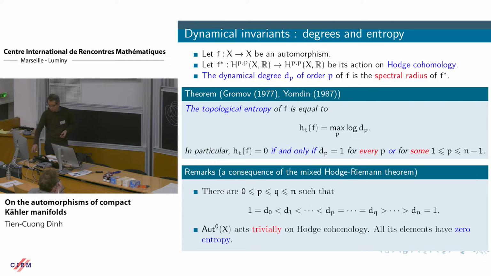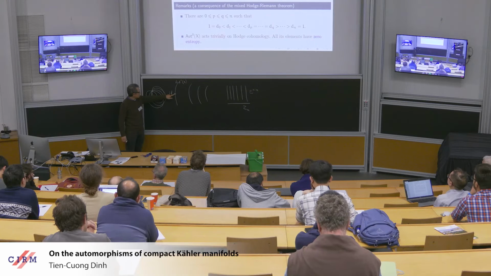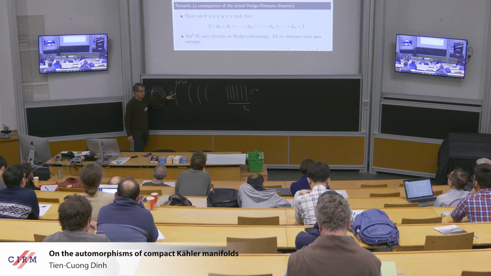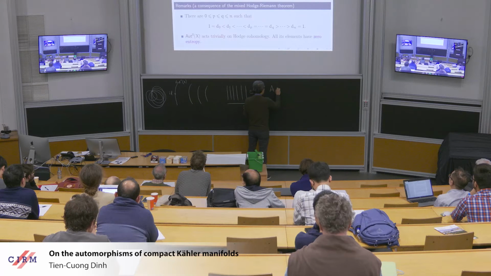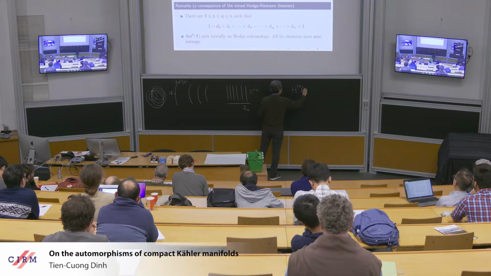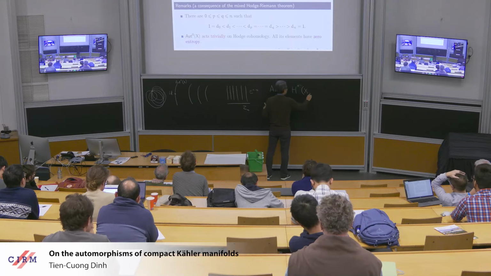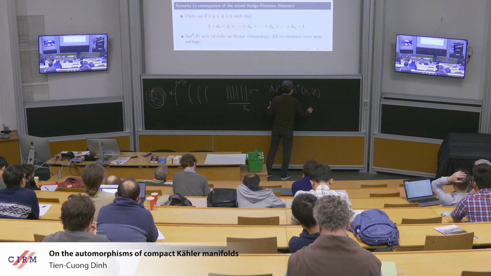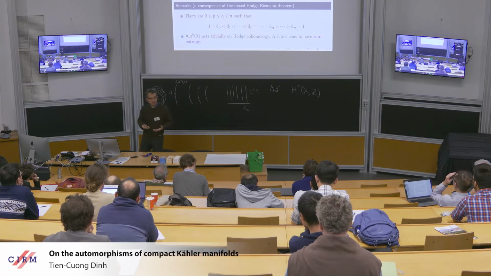You also see that if you are in the connected component of identity, Aut_0, then the entropy is equal to 0. Because Aut_0 is connected, the action on H^{p,p}, so you take, maybe, real cohomology with coefficients in Z or in Q, you see that this action should be constant.